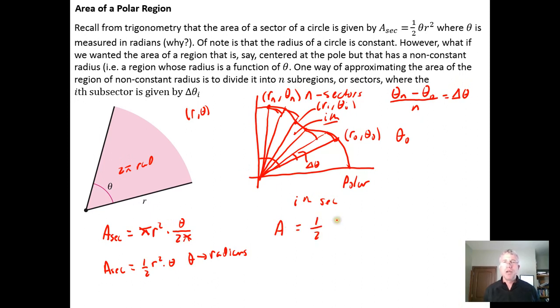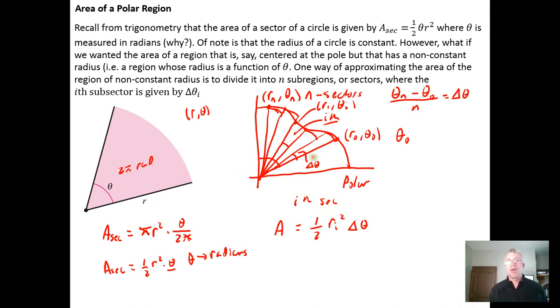Its area would be 1/2 r squared, so that would be r sub i squared, times the angle. But the angle is the same for each sector. The angle for each sector is just delta theta, so we'd multiply by delta theta.